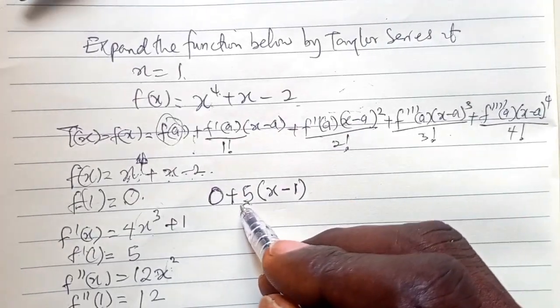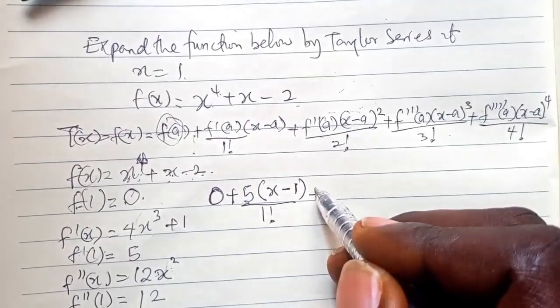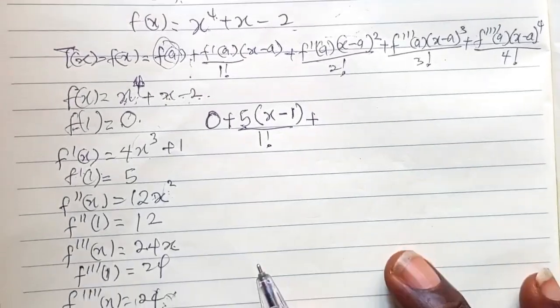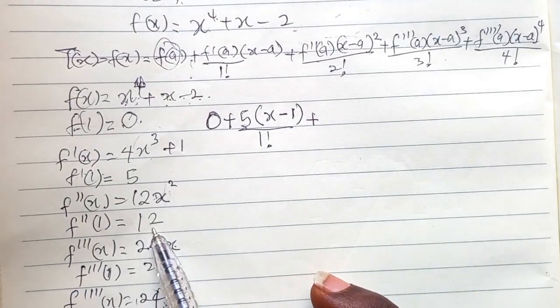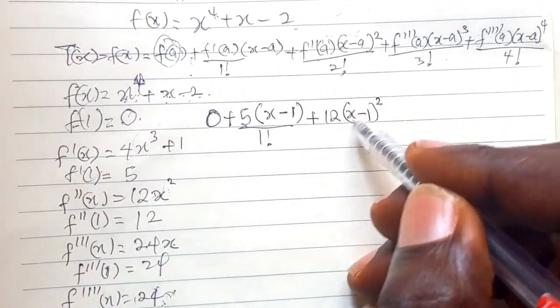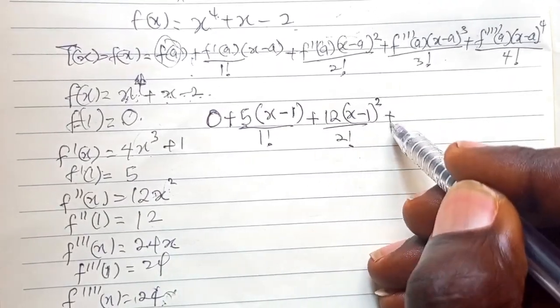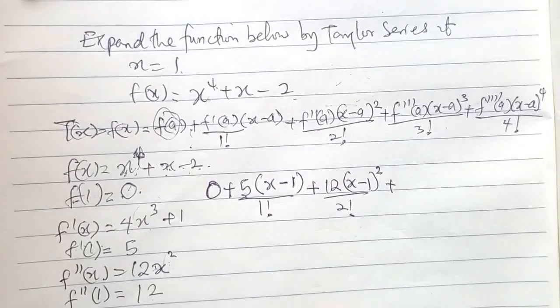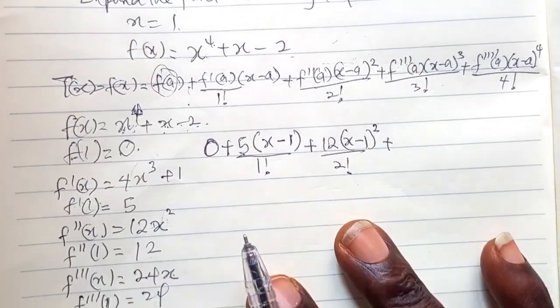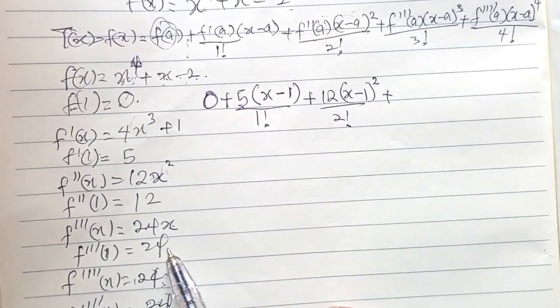Dividing by 1 factorial plus, let's look for f prime prime of 1. That's 12. So that will be 12 x minus 1 squared over 2 factorial plus. Now let's look for f prime prime prime of 1. That's the third one, that's 24.